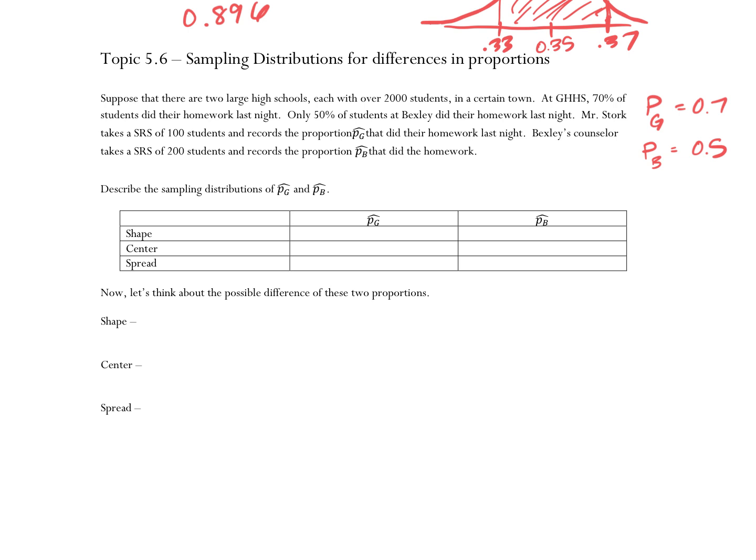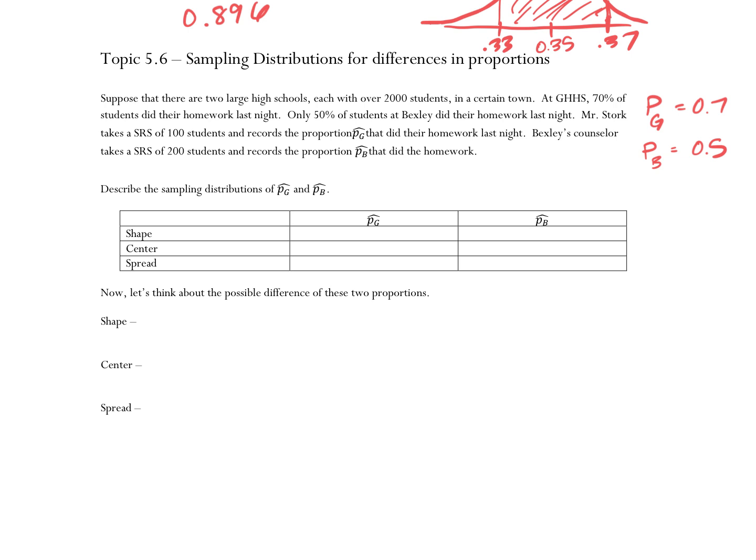It'll probably be pretty darn close to 70%, but it could very easily be 72%, and we wouldn't bat an eye at it, yeah? And likewise, is the Bexley counselor's sample going to be at 50%? Not necessarily. It could be 51 or 52%, or it could be 48 or 49%, okay?